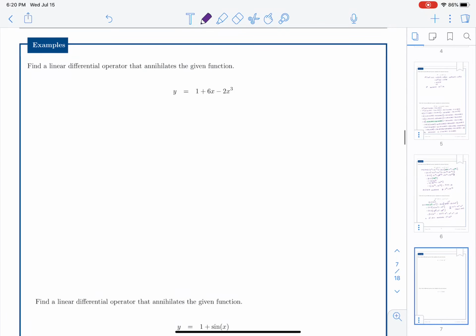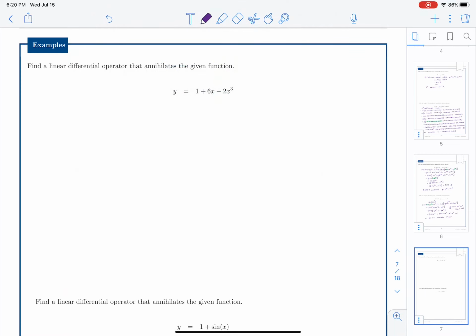Okay, in the previous examples we had an operator, we applied the operator, and we ended up verifying whether the operator annihilated the expression. Here all we have is an expression and we want to find an operator that would annihilate that function.